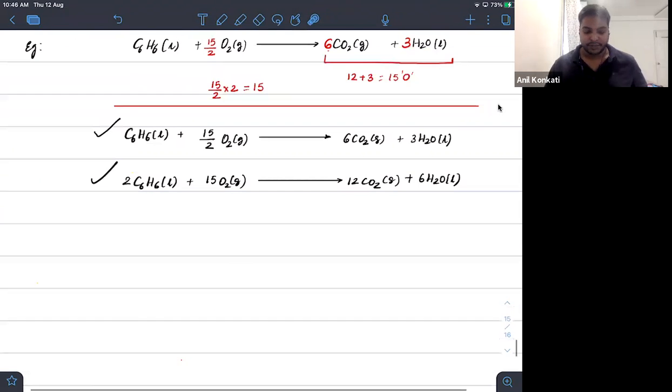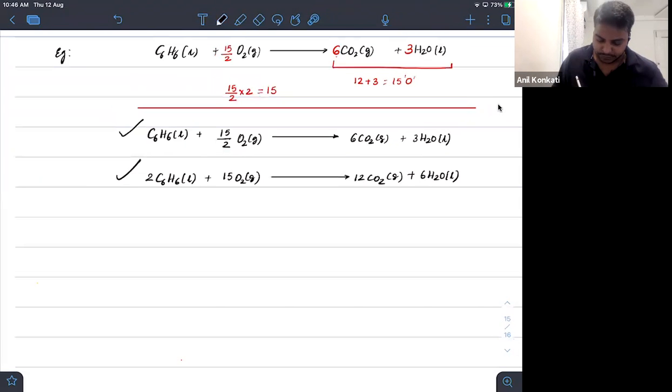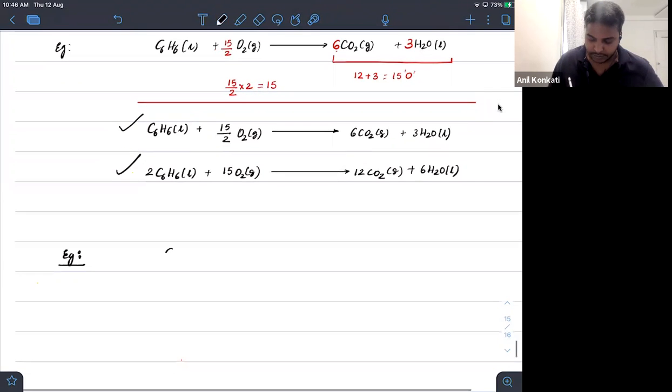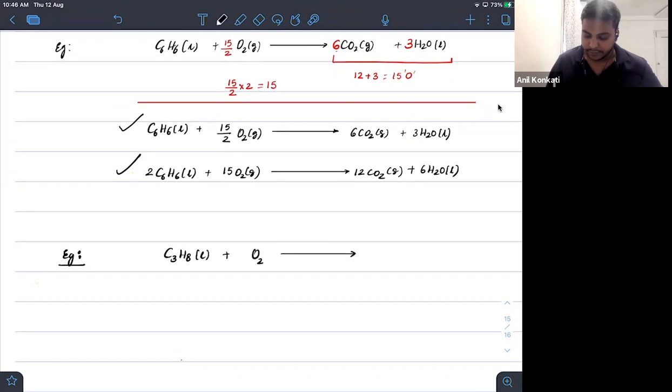Will you do one more, students? Balance it this time now. C3H8 liquid plus O2 is giving CO2 gas plus H2O liquid. चलो balance करो सब लोग.